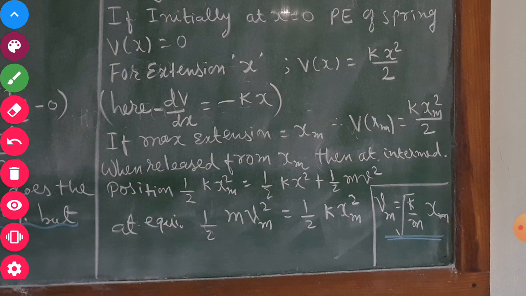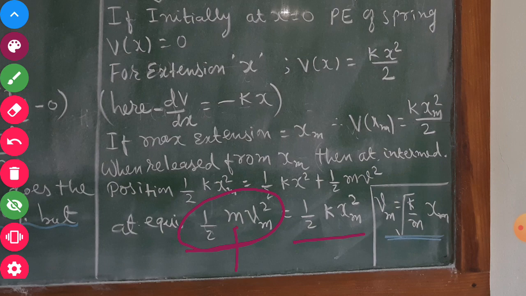And when it is at the final position, the equilibrium position, let its final velocity when it comes to the initial position x equal to 0 be the maximum velocity, so 1/2 mvm square is equal to 1/2 kxm square.